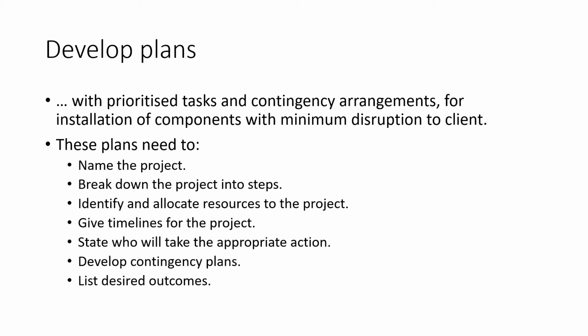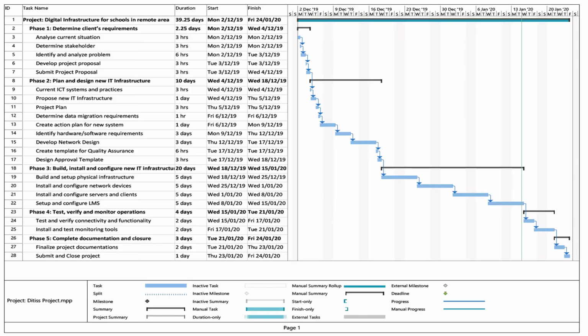These plans need to name the project, break down the project into steps, identify and allocate resources to the project, give timelines for projects, state who will take the appropriate action, develop contingency plans, and list desired outcomes. With all these in plans, you're working on your development plan. So this is a brief breakdown of how you could be planning.